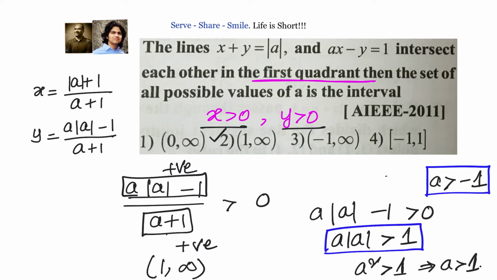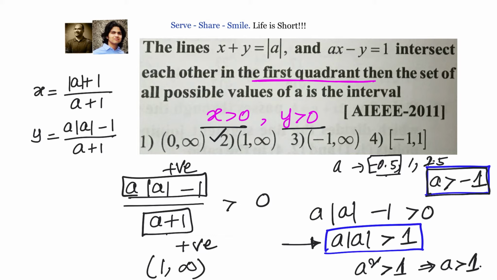So the right option is the second option. Now a greater than minus 1 means a can be anything, like minus 0.5, it can be 1, it can be 2.5.